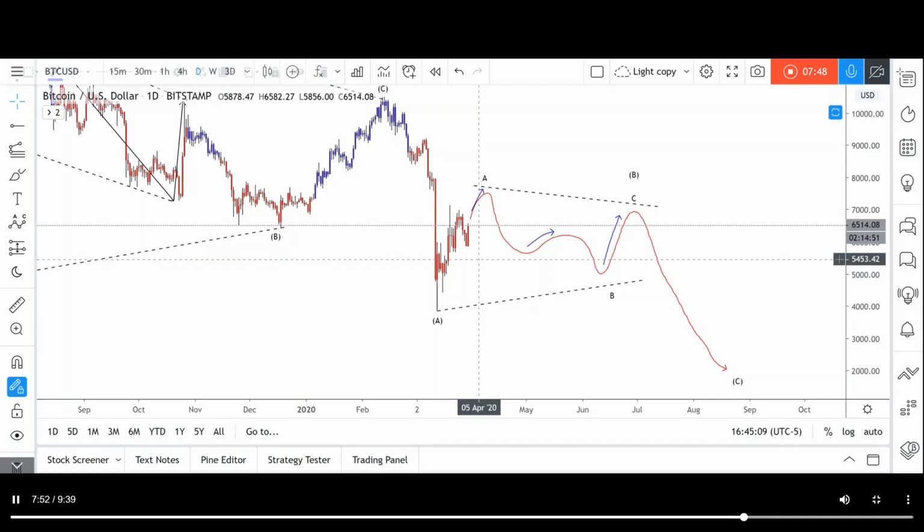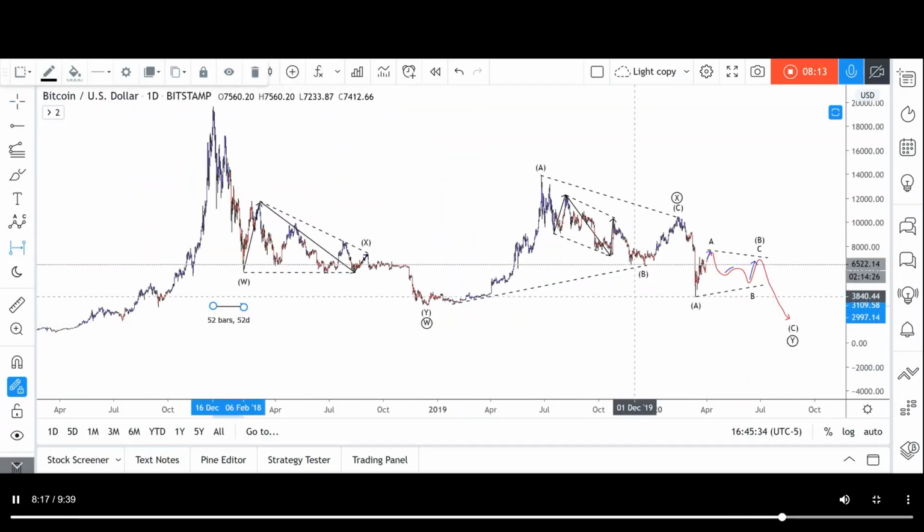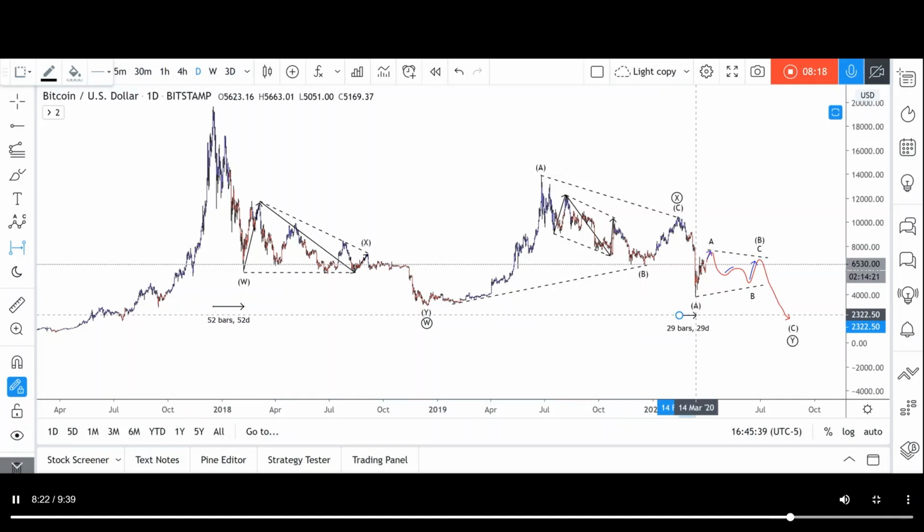Let's look at some quick time analysis. 52 days there. From this top, we had 29 days.